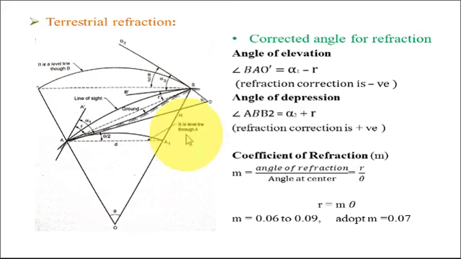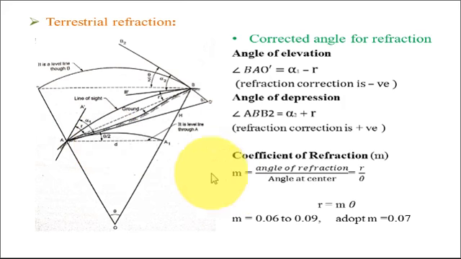If the line OB comes close to A, theta will get reduced, and all this effect of curvature and effect of refraction will also get cancelled, and AB becomes a straight line as compared to the radius of the earth, because AB is very short as compared to AO. That means you enter into plane surveying.